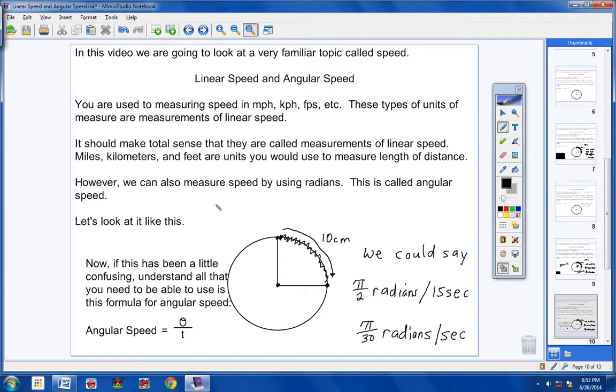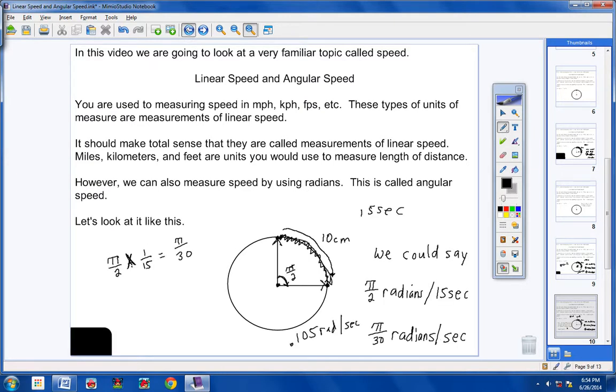We all know about linear speed. Remember in elementary school, Algebra 1, Algebra 2, rate times time equals distance, right? Divide both sides by t, and rate equals distance divided by time.